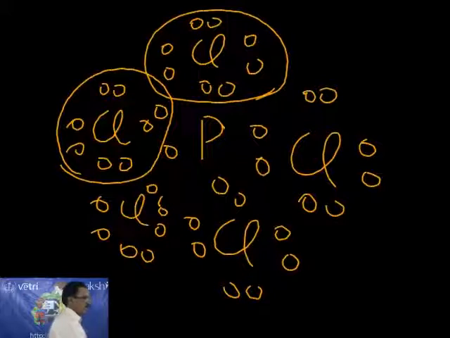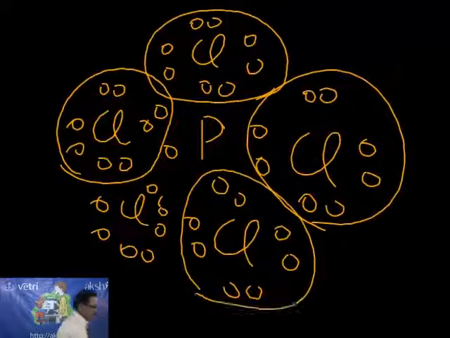The interesting information here is that each chlorine, by taking 1 electron from the phosphorus, has 8 electrons, and again the same way here 8 electrons, here 8 electrons, and here 8 electrons, including this one.